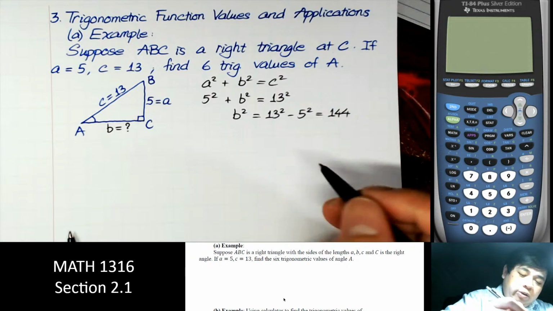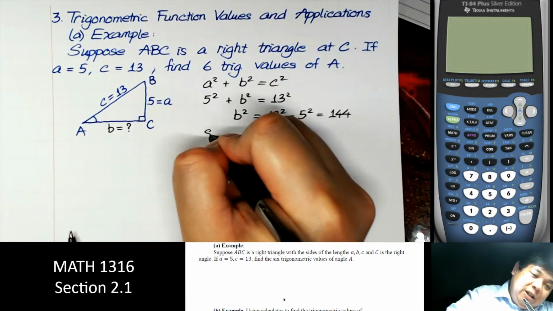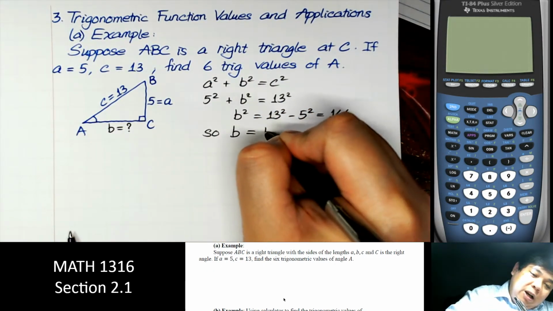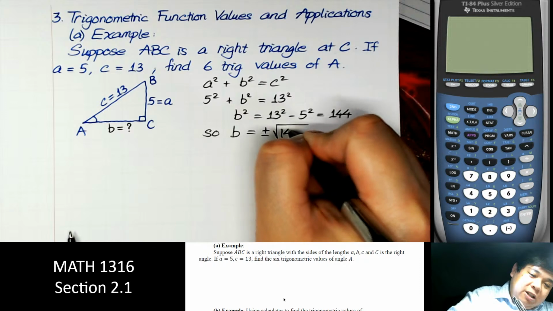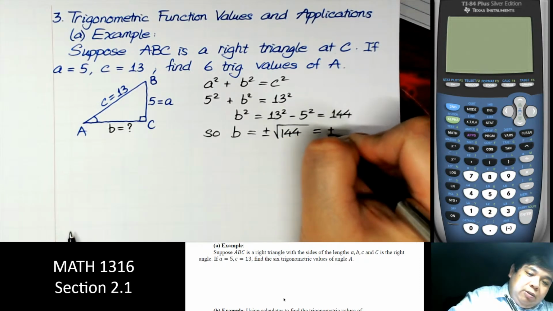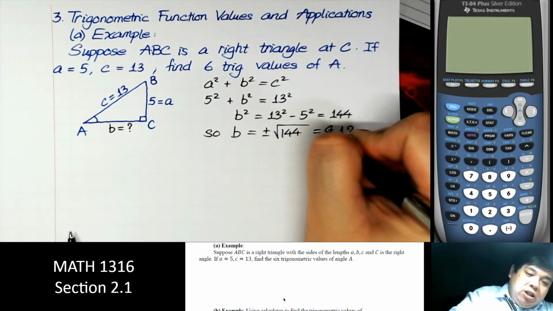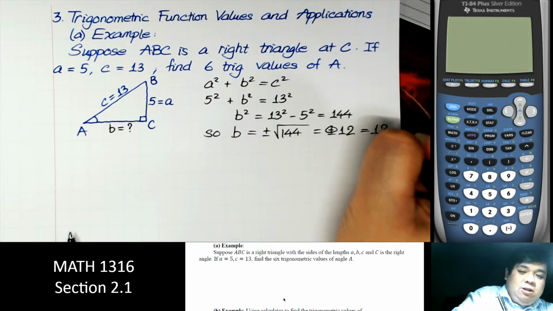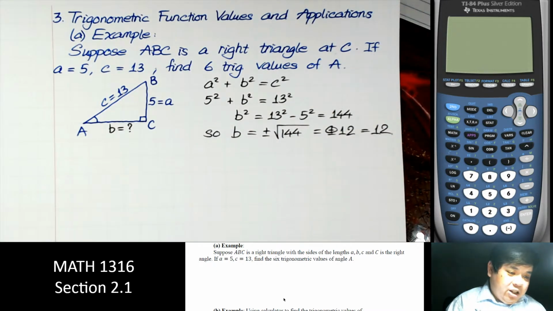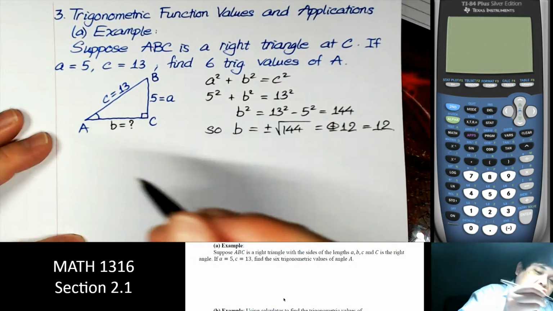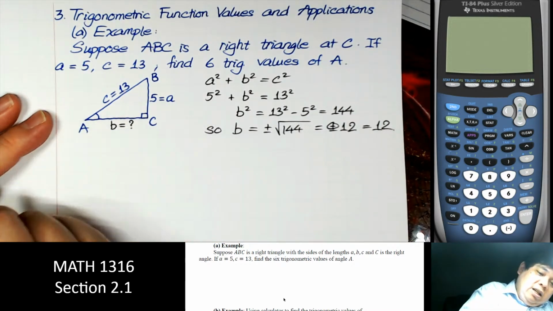That will give us 144. So b is plus or minus the square root of that, and we just take the positive value, because the side cannot be negative. With that, we can define all six trig functions of A.